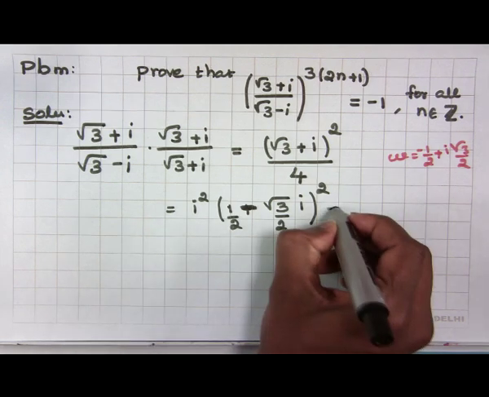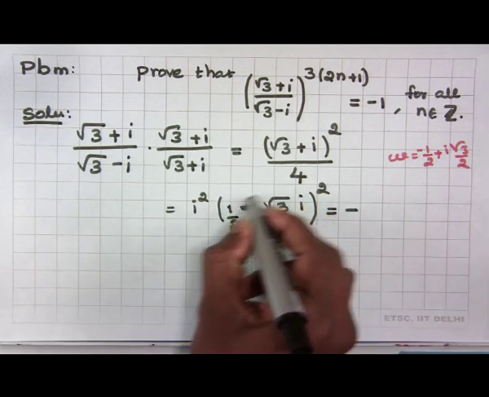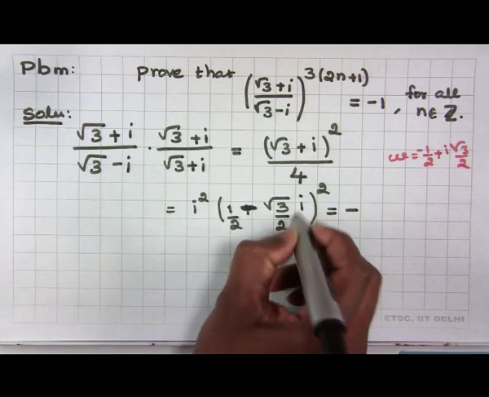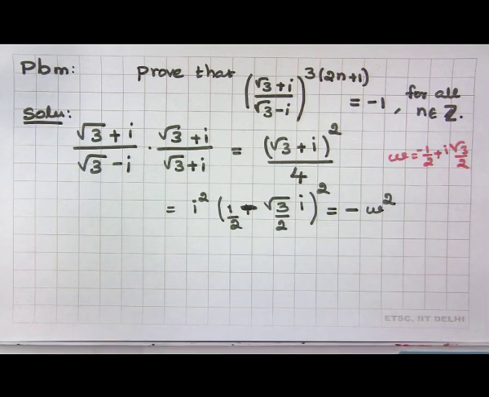Now this is minus 1, and this is nothing but minus omega, which we see as omega square.